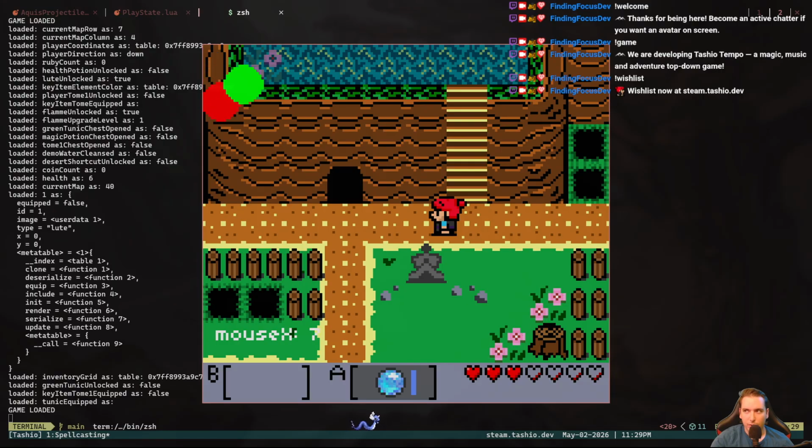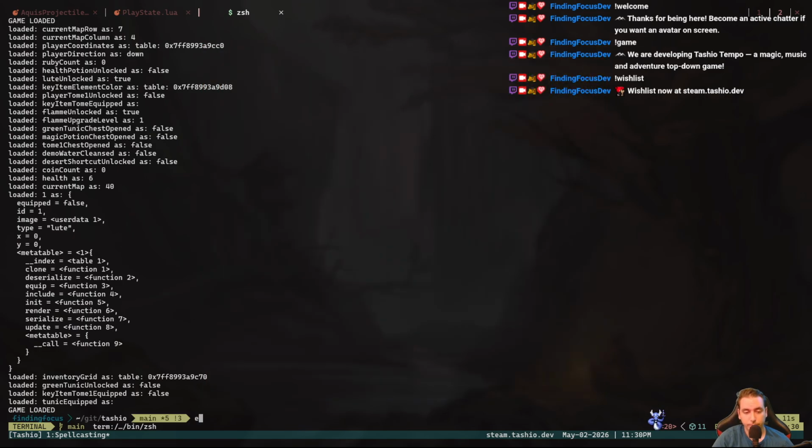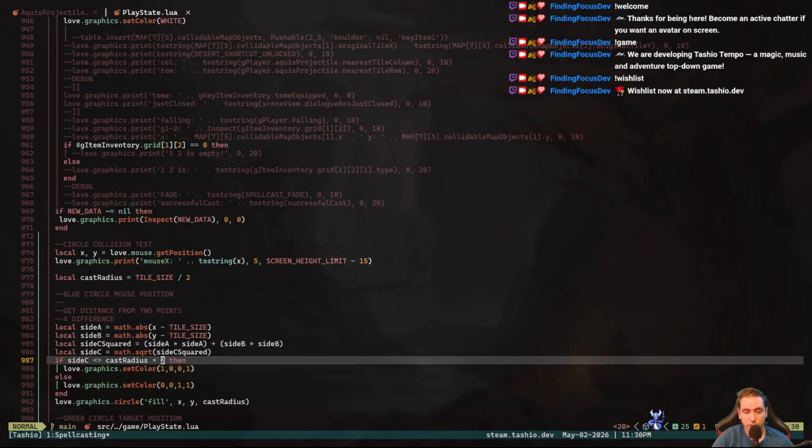So we give it a circle hitbox, at least for this spellcast. And it's great because as long as any 1 pixel of them are touching, it counts as a collision. I think this is good. So it does work.